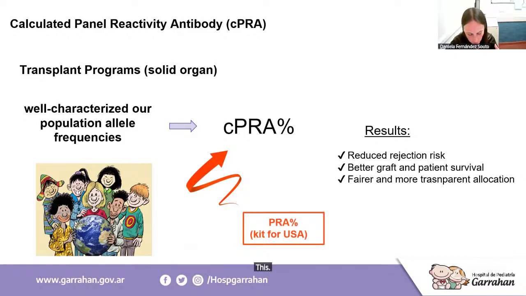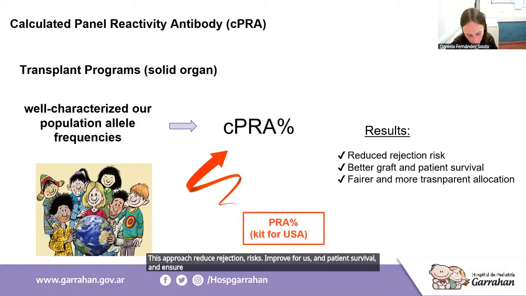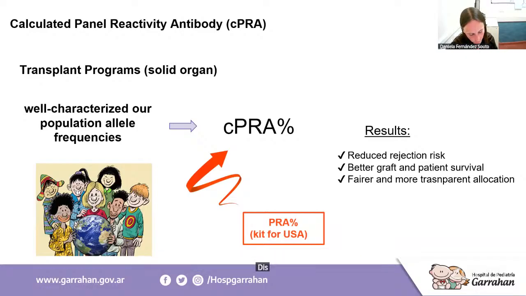This approach reduces rejection risks, improves graft and patient survival, and ensures a more equitable distribution of organs. Countries that adopted calculated PRA achieve better clinical outcomes and greater transparency. So we must know our frequencies.